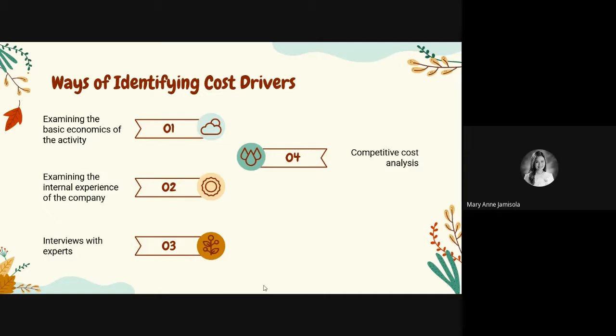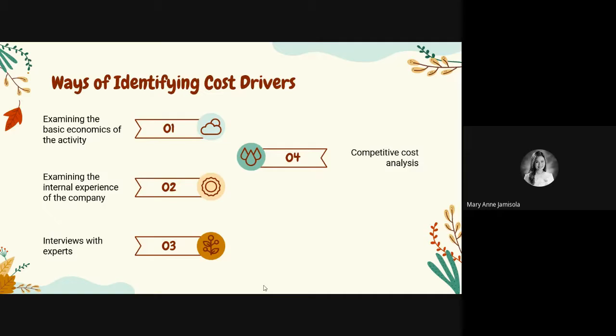Second way of identifying cost drivers is by examining the internal experience of the company. This way is more useful, especially if the events within the company have changed over time because of a new method of production, new design of product, if we are now able to operate multiple units, if we had a change of product mix, and so on.